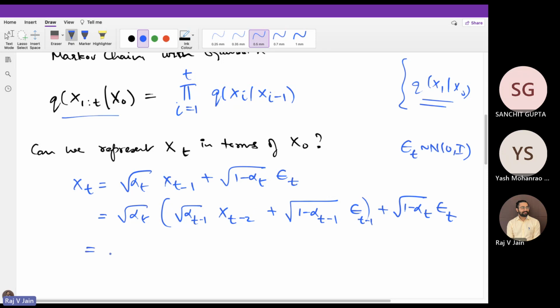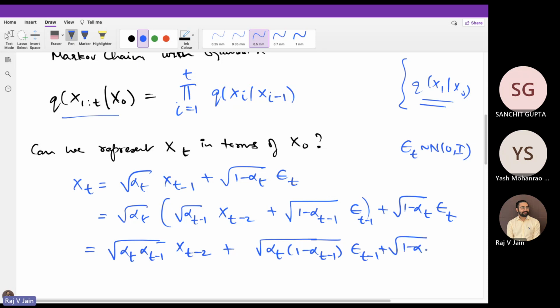So this becomes root alpha t minus 1 xt minus 2 plus root alpha t into 1 minus alpha t minus 1 epsilon t minus 1 plus root 1 minus alpha t epsilon t.